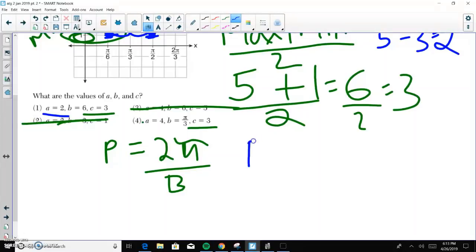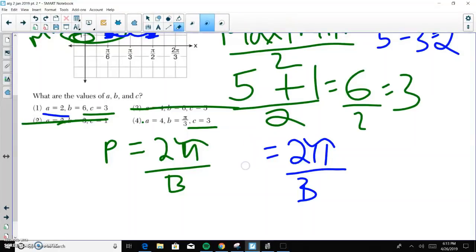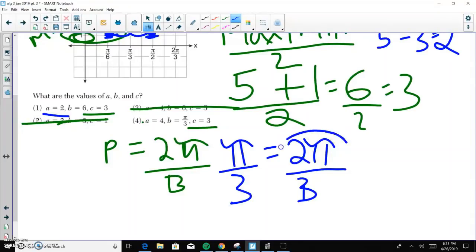So let's put in the formula. Period equals 2 pi over b. So we know that the period is pi over 3. So now we could cross multiply.